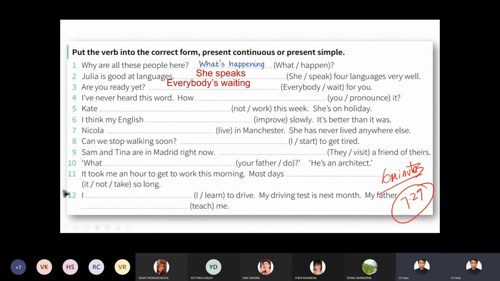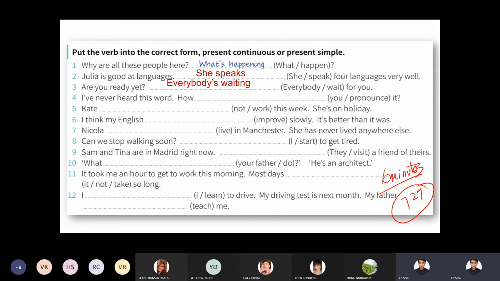Okay, you have 3 more minutes. Okay, for those who are late, right now your classmates are doing this exercise for 6 minutes.